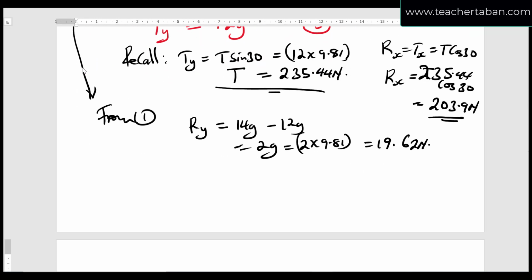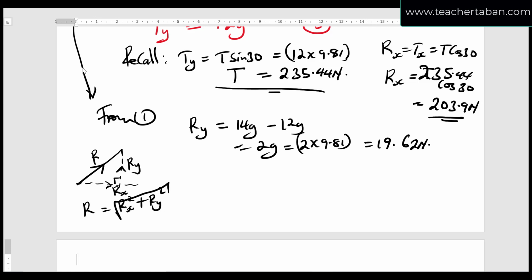So the task that we have here is to find the normal reaction, the reaction R. From that triangle that you see there, this is our reaction R. This is its horizontal component, which is Rx, and this is its vertical component, which is Ry. This is forming a right-angled triangle, meaning that our reaction R is the square root of Rx squared plus Ry squared.